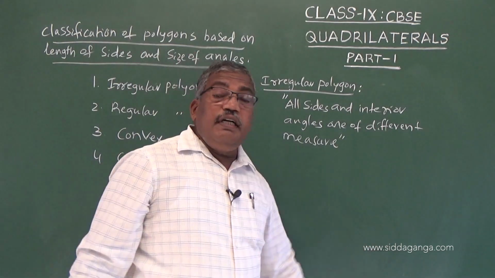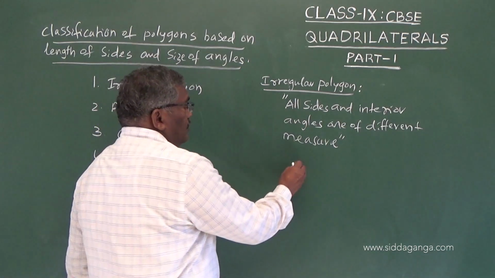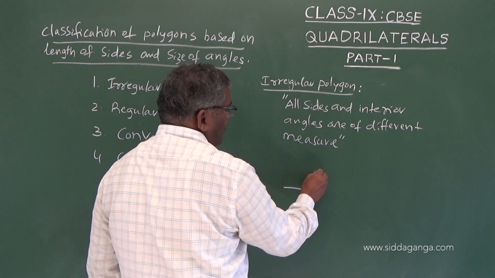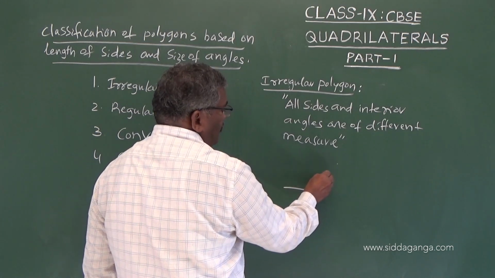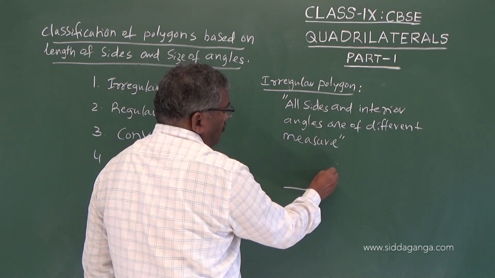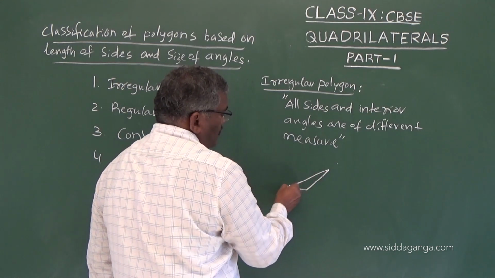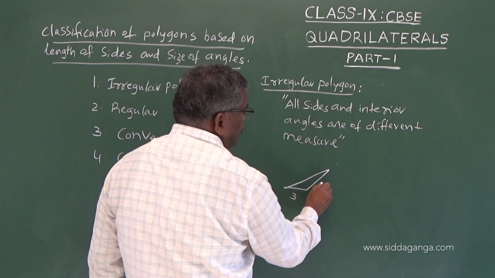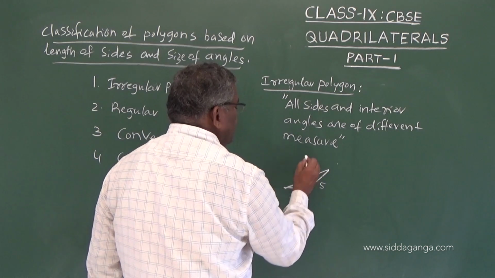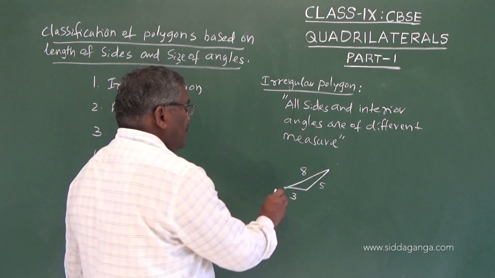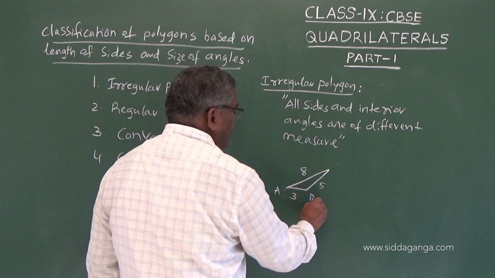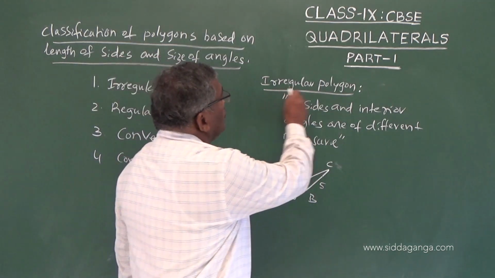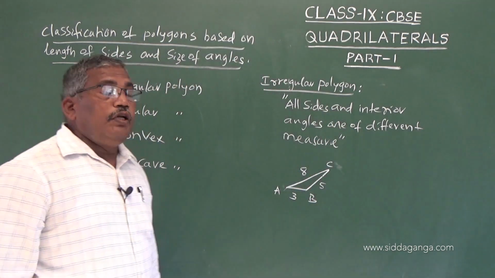If you have different side lengths, take a triangle of this kind. This is 3, this is 5, say this is 8. We have triangle ABC with different side lengths, automatically the angles will be different. This is an irregular polygon.